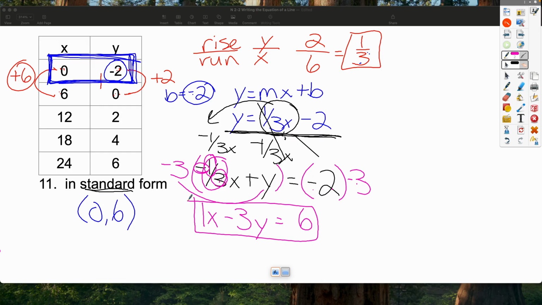Alright, so we got it to slope-intercept form, moved our x's over by doing the opposite: negative 1/3 x plus y equals negative 2. And then we canceled out the 3 in the bottom and the negative sign by multiplying by negative 3.